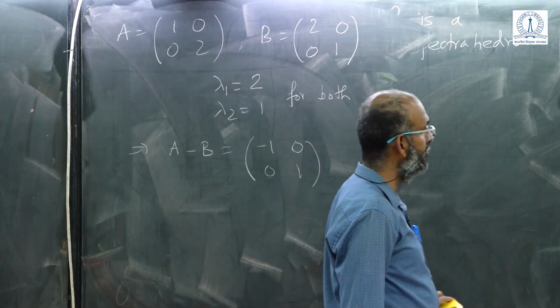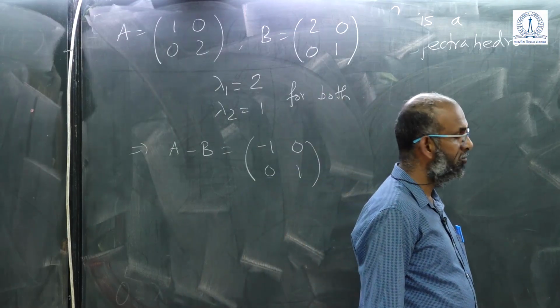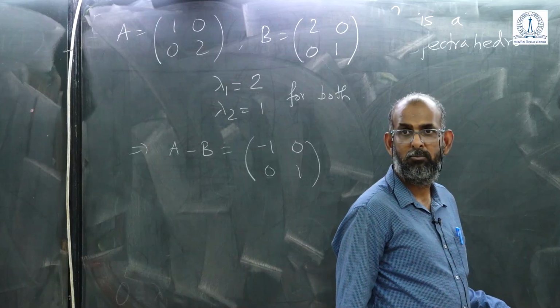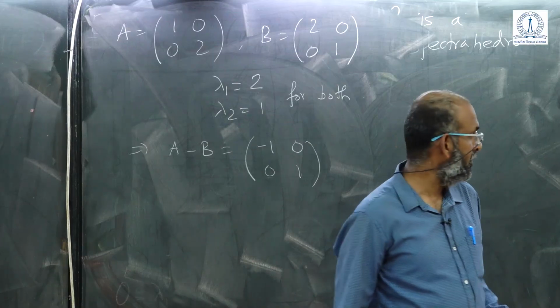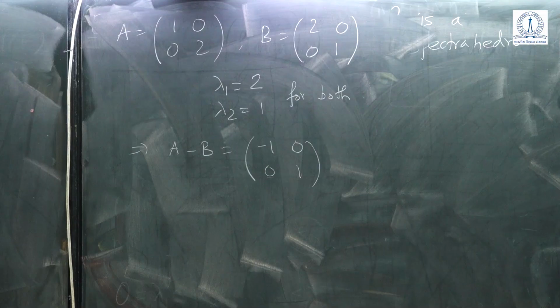No, there also if you see the eigenvector associated with 1 is 1, 0, right? Yeah, so here the ordering is by, I think this is simultaneously diagonalizable. If that concept comes, then we can.